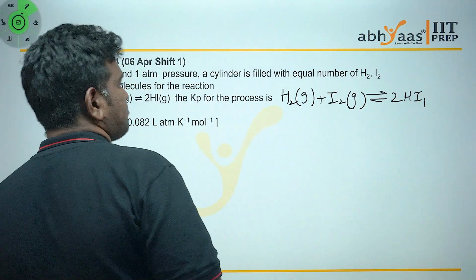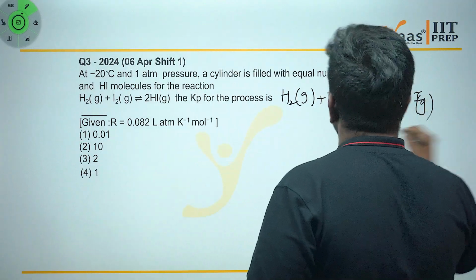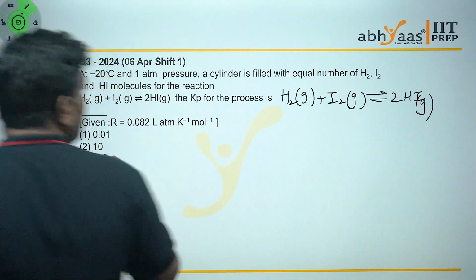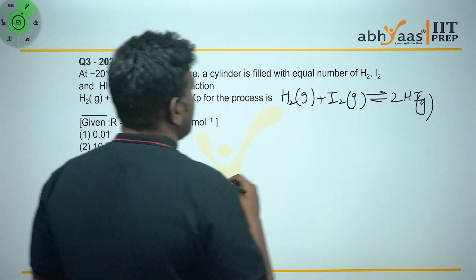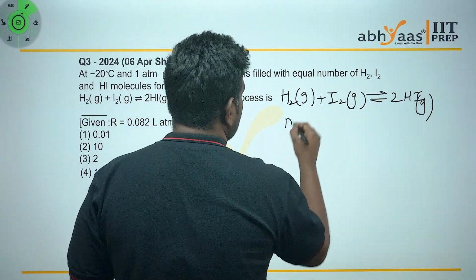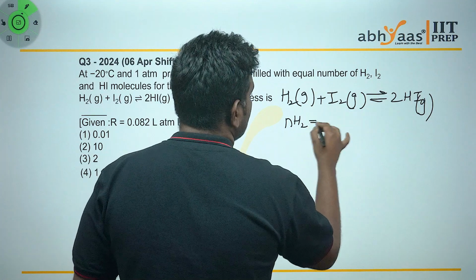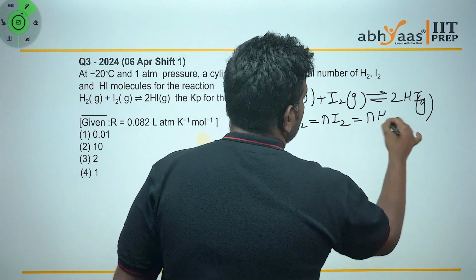So here, what is the most important thing? It is said that there are equal numbers of H2, I2 and HI, right? The number of molecules of H2, I2 and HI are the same. So I can say N of H2 is equal to N of I2 equal to N of HI.